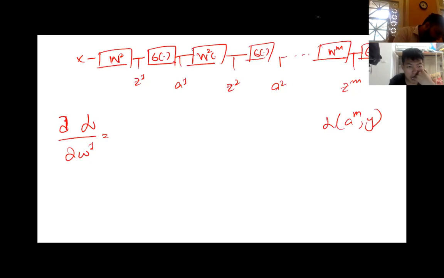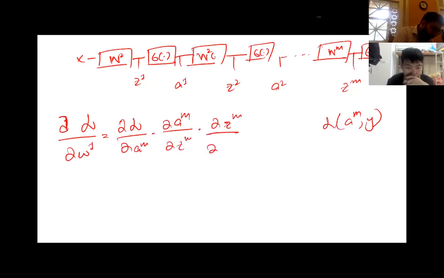So let's do it. I will have something like the partial derivative of L with respect to Am times the partial derivative of Am with respect to Zm times the partial derivative of Zm with respect to Am minus 1, and so on. And eventually you would have the partial derivative of A1 with respect to Z1 and the partial derivative of Z1 with respect to W1.